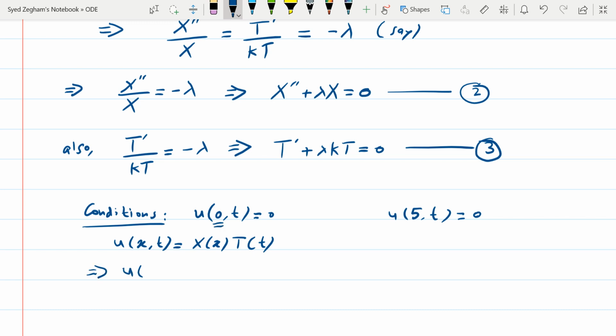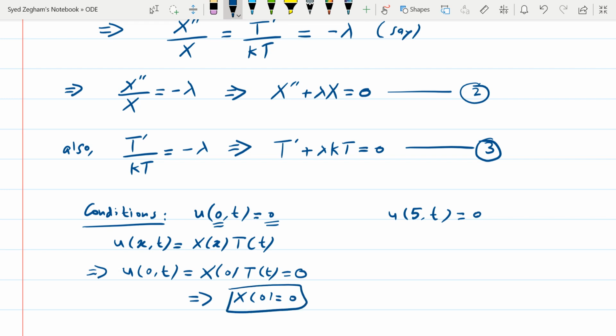I will get u(0,t) is equal to X(0) times T(t). And this value should be equal to 0 according to the boundary condition, right? Now, what is the meaning? This gives me that X(0) should be equal to 0.